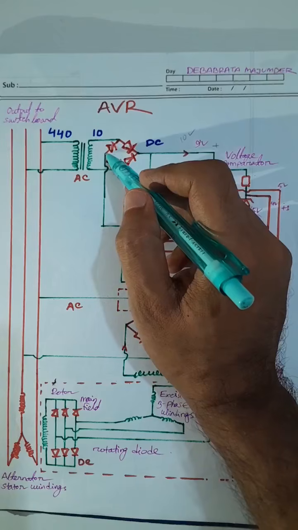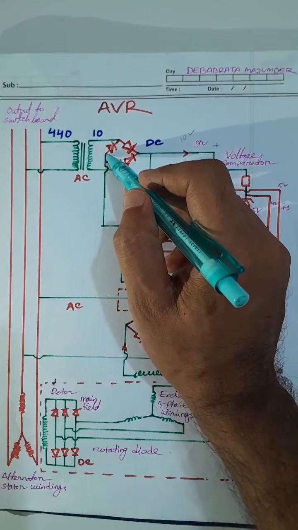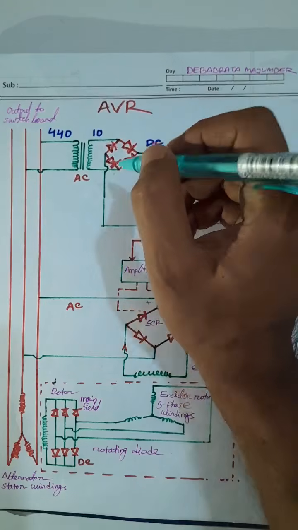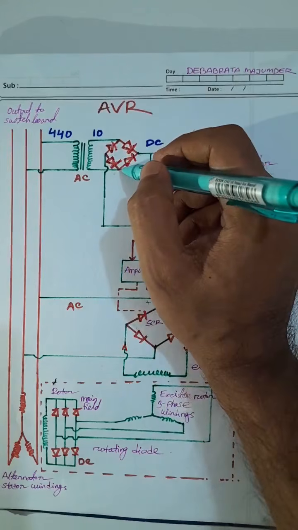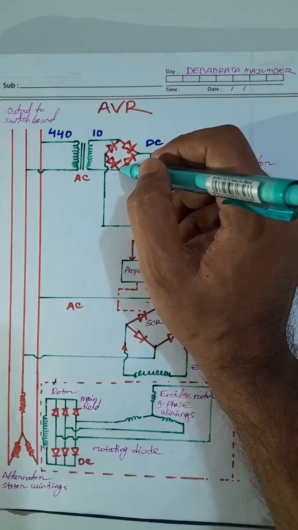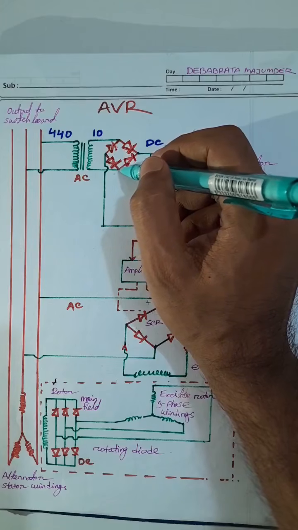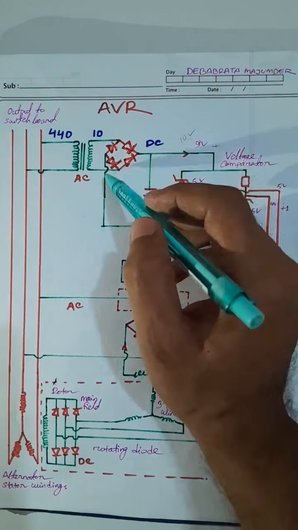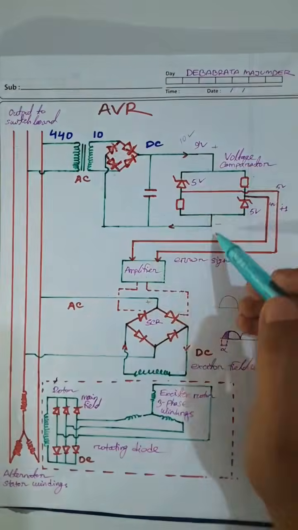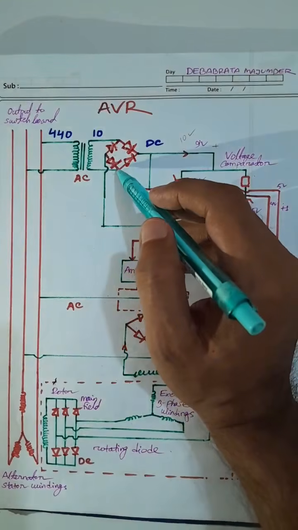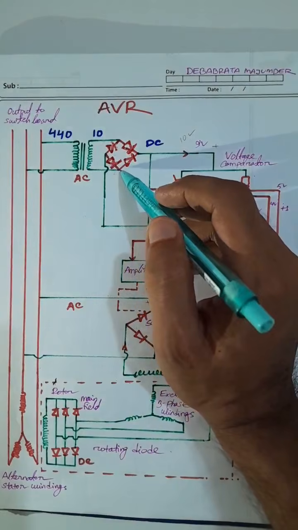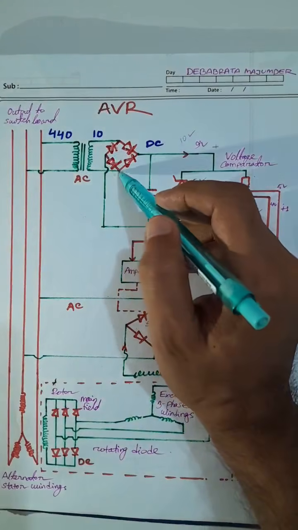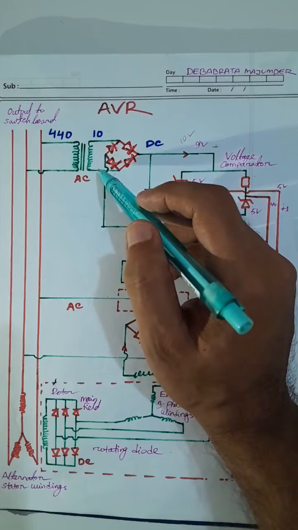So naturally it will flow from this point to this point. So why is the voltage drop more at this point? Because this current is flowing through the whole circuit, there will be a voltage drop. So electricity will flow from this point to this point and the circuit is complete.